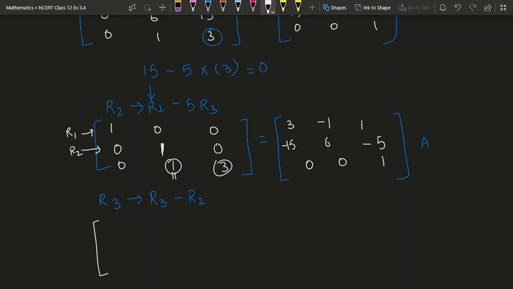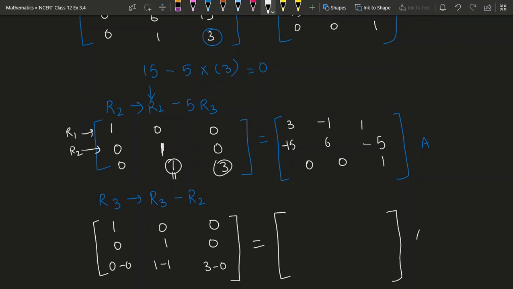So if you write those matrices, row 1 and row 2 remain the same, and here you have 0 minus 0, 1 minus 1, and 3 minus 0. On this side, A still remains there, you write the first and the second row as they are, and now you have R3 minus R2 here as well, so 0 minus negative 15, 0 minus 6, and 1 minus negative 5.